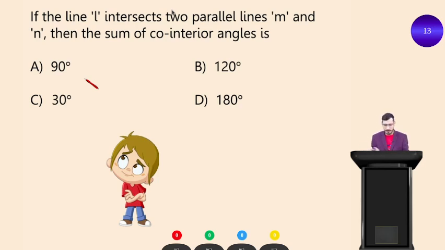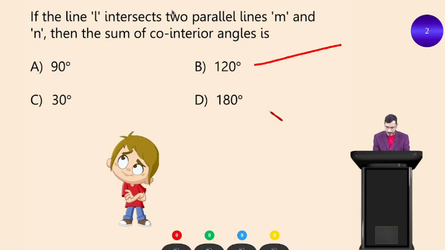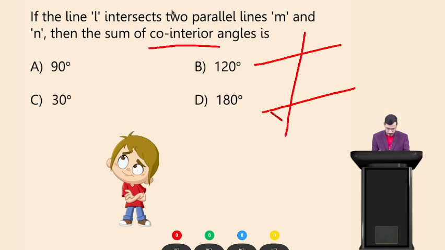The question is, line L intersects two parallel lines M and N, then the sum of co-interior angles. Here you can see co-interior angles, that means this angle and this angle.